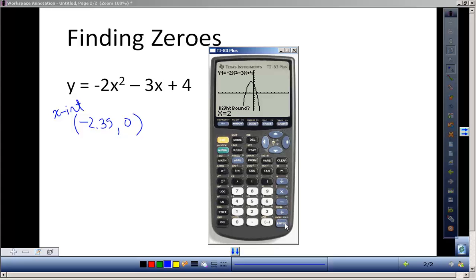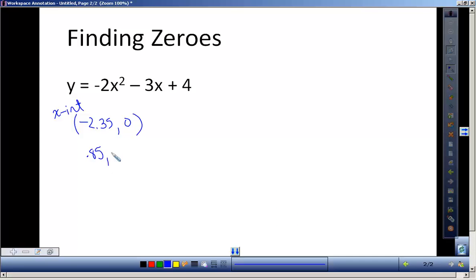Could have put 3, I could have put 4, I could have put any number to the right of it. I just picked the first one I came to, which was 2. And again, I don't want to guess, I'm just going to hit enter. And it gives me that the zero is positive 0.85, because again, we're rounding to 2 decimal places. So positive 0.85. That is my other x-intercept.